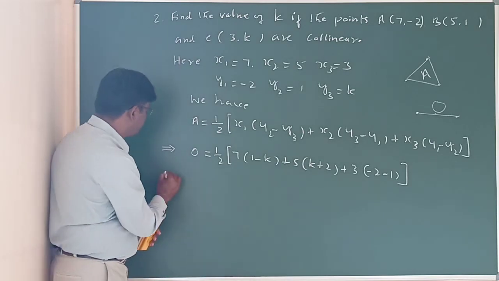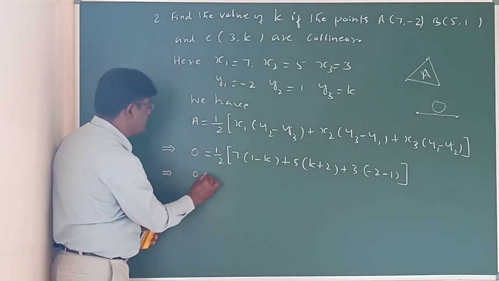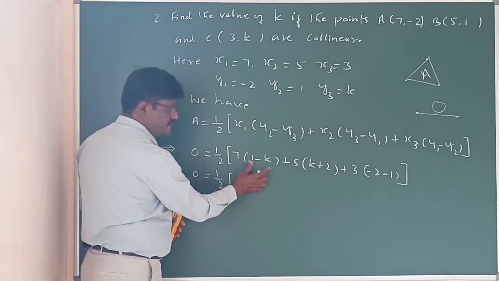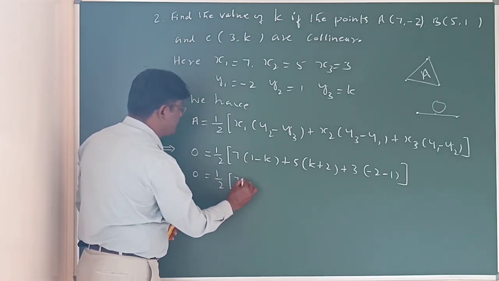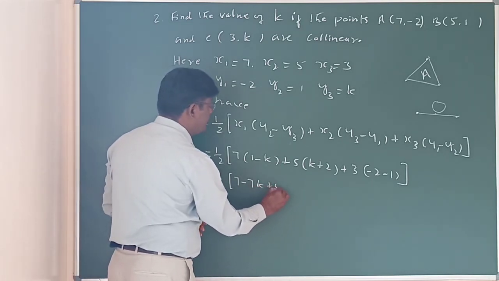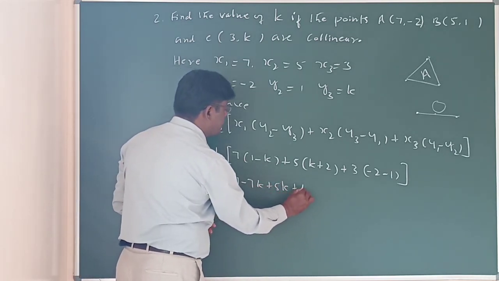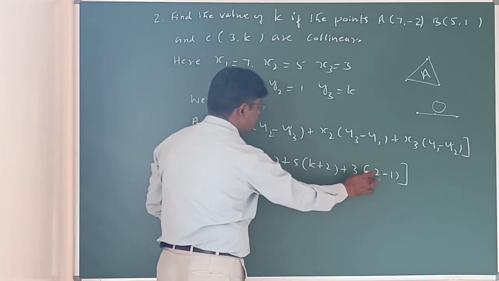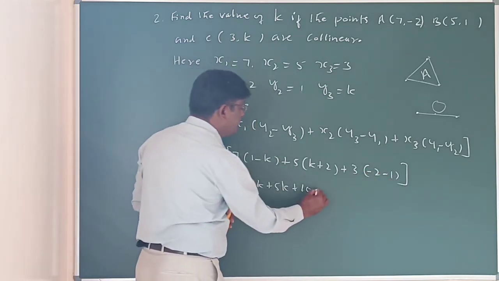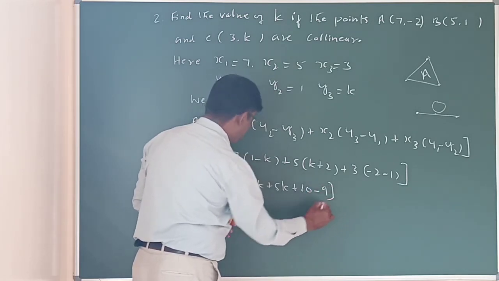Okay. Now just simplify, multiply. 7 ones are 7k, plus 5k plus 10, minus 2, minus 1, minus 3, 3 3s are 9.